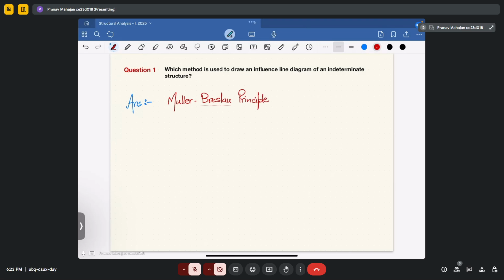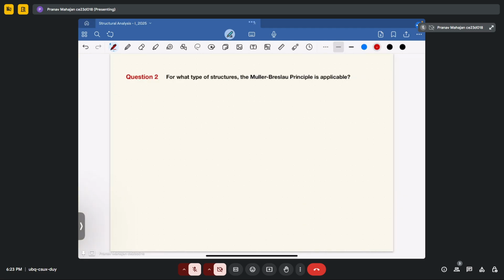Okay. Second question is, for what type of structures is Muller Breslau principle applicable? As we have already seen in the definition, Muller Breslau principle is applicable for both determinate as well as indeterminate structures.